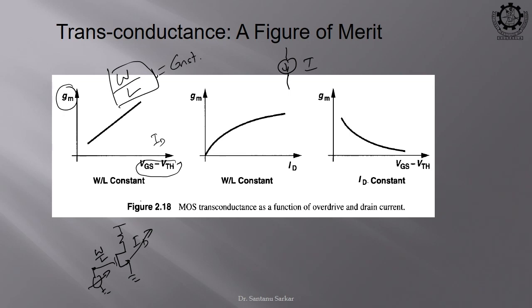Okay. So, GM if you plot this, it will look like this. Now, say I replace this R with a constant current source. So, this constant current source is forcing that I is equal to constant. In this case also W by L is constant.